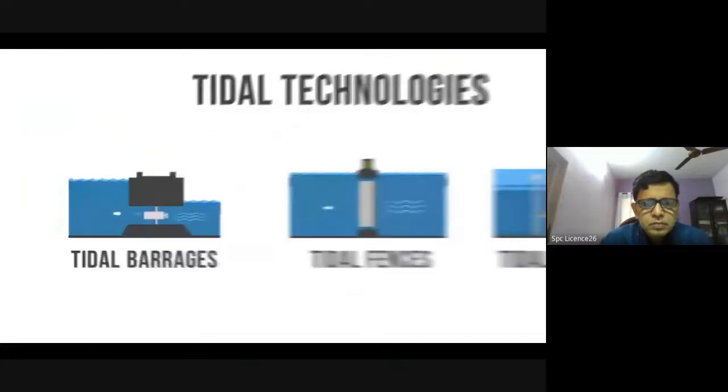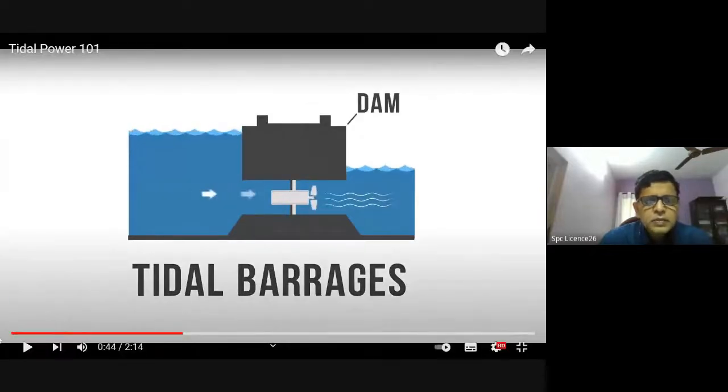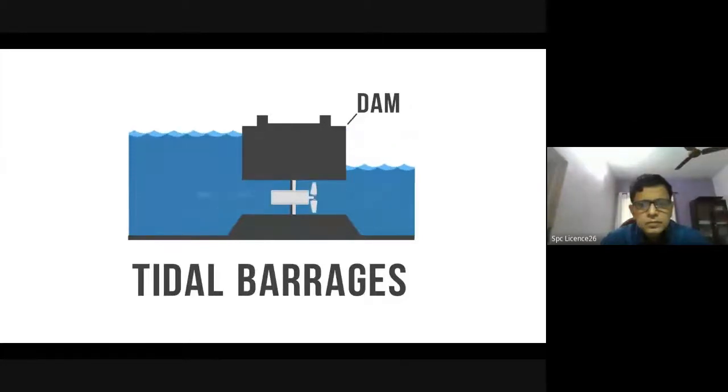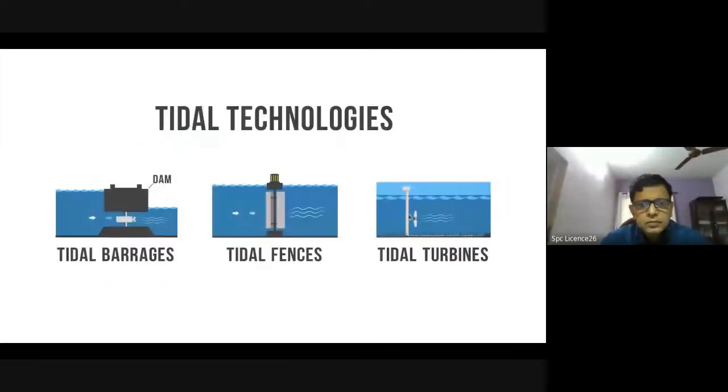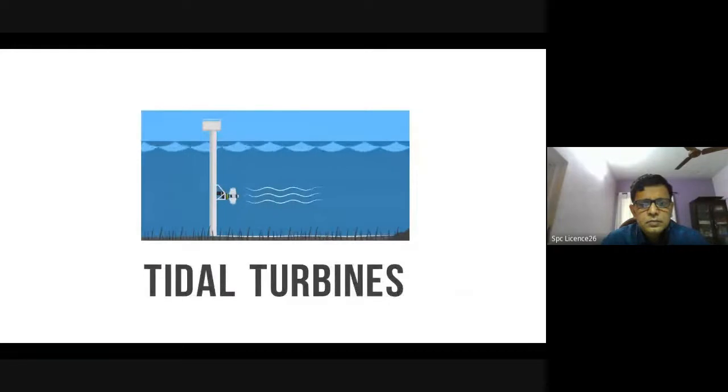Tidal barrages are the most efficient tidal energy sources. A tidal barrage is a dam that utilizes the potential This is the one that we have seen in the diagram. energy generated by the change in height between high and low tides. This energy turns a turbine or compresses air, which in turn creates electricity. Tidal fences are turbines that operate like giant turnstiles, whereas tidal turbines are similar to wind turbines, only underwater.